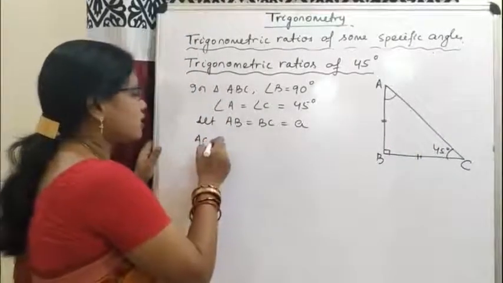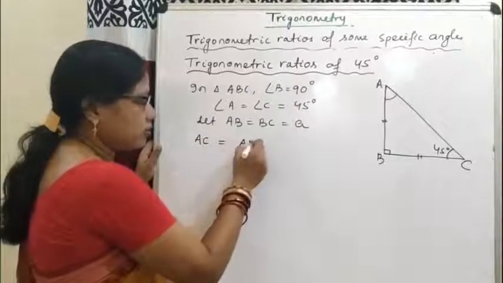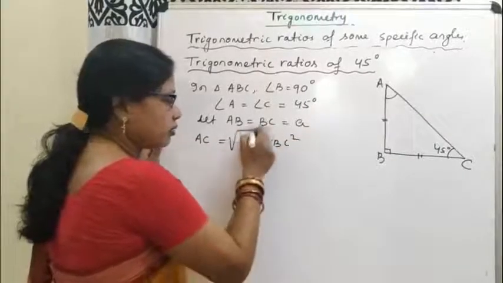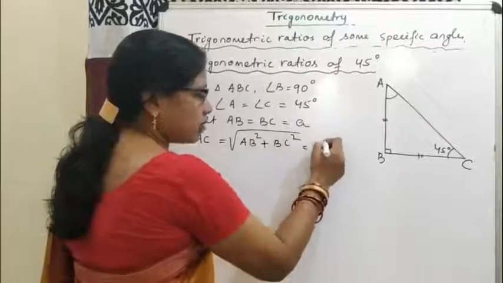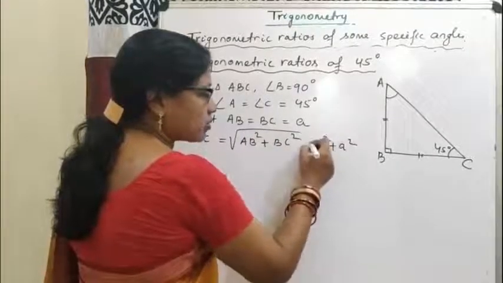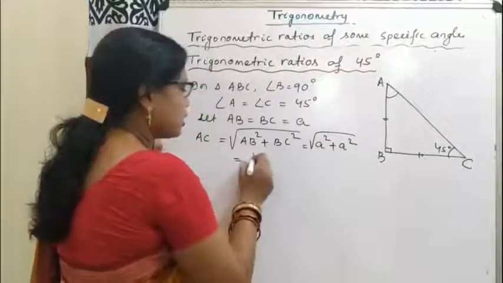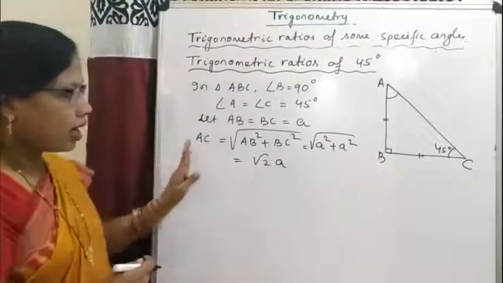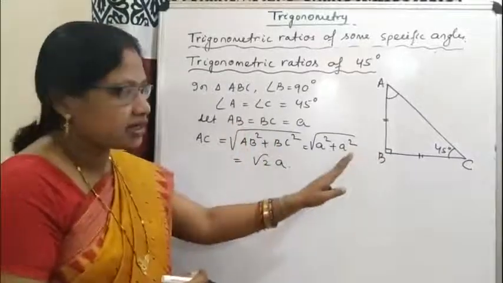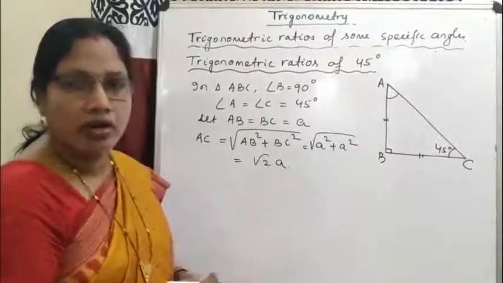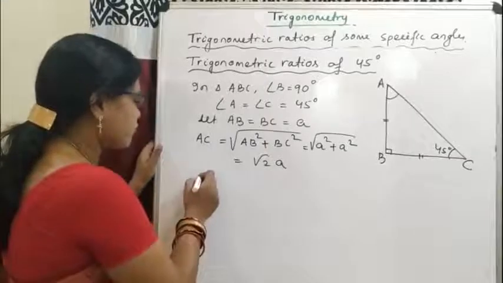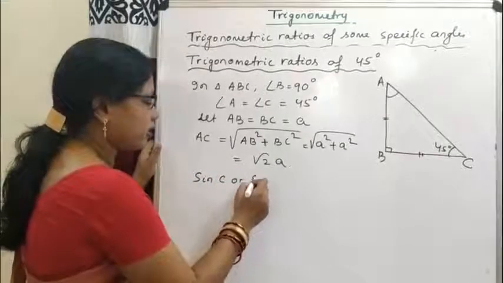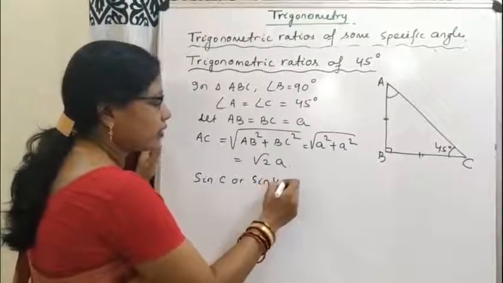So what is AC? AC is equal to square root of AB square plus BC square. So this is equal to square root of a square plus a square. That is equal to root 2 a. Now we got all the sides, so now we can find all the trigonometric ratios. First sine C, or we can write it as sine 45 degree.